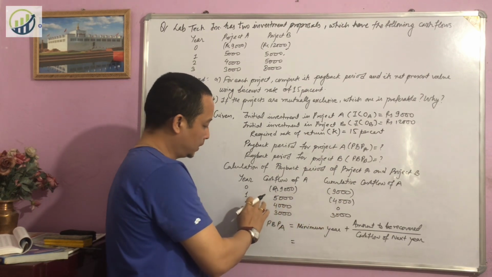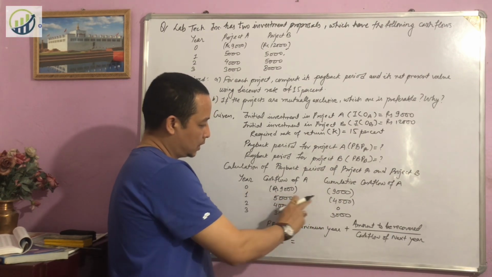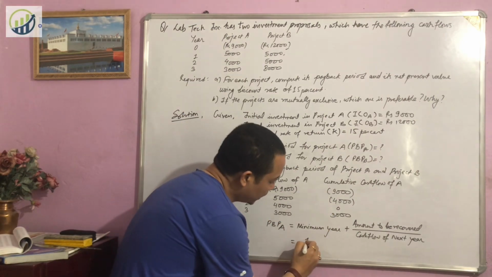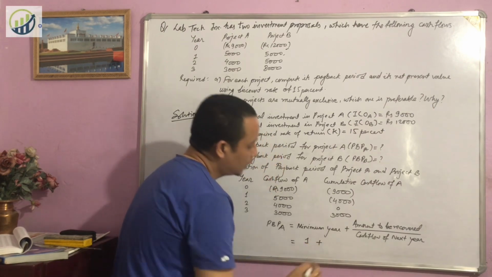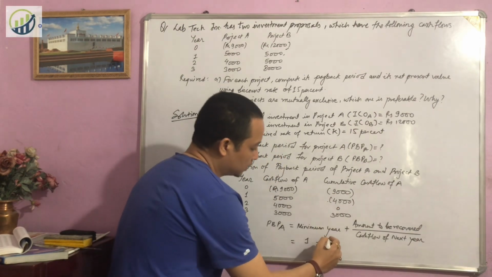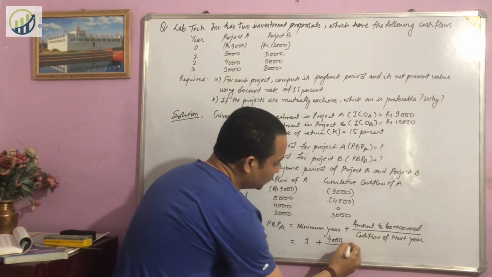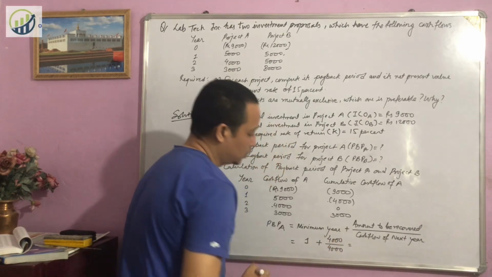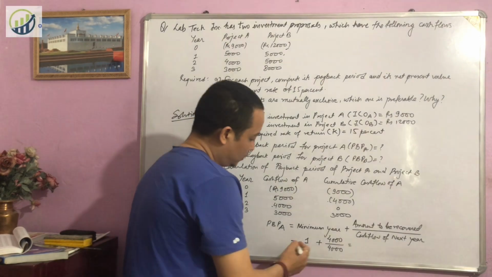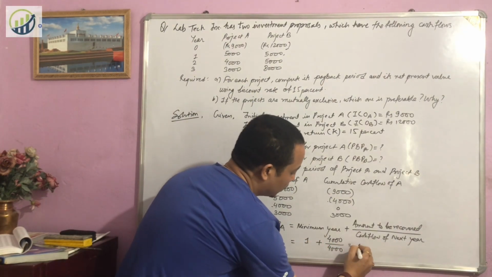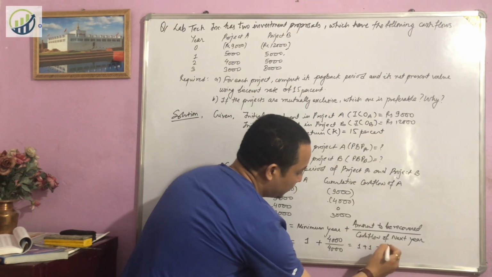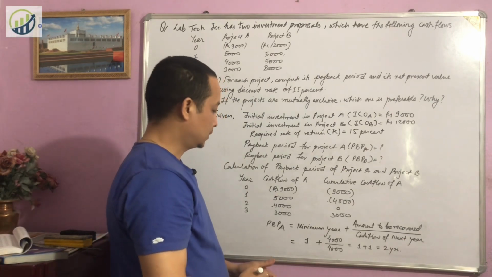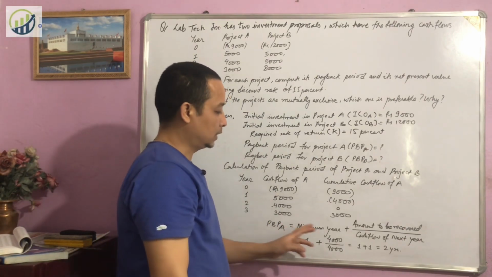Here the minimum year is 1 year, because after 1 year the cash flow becomes 0 or positive. Plus the amount to be recovered is 4,000, and the cash flow of the next year is 4,000. When you calculate 1 plus 1, you have 2 years. So your payback period for project A is 2 years.